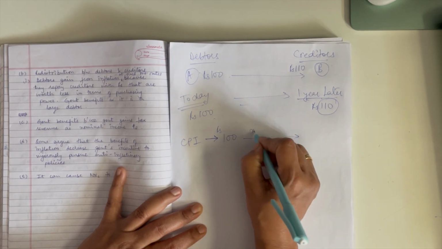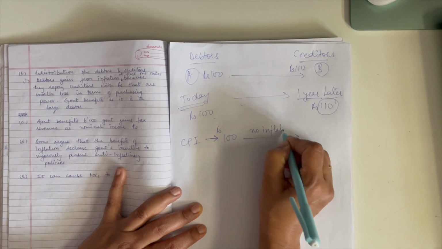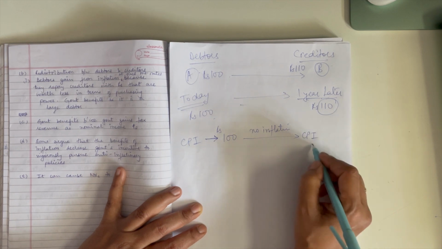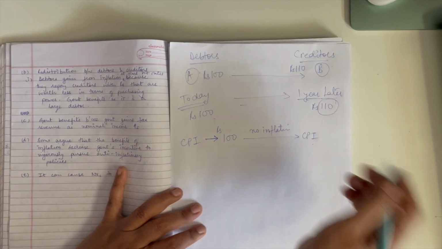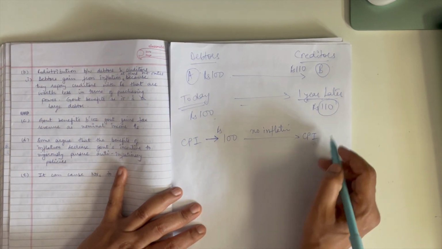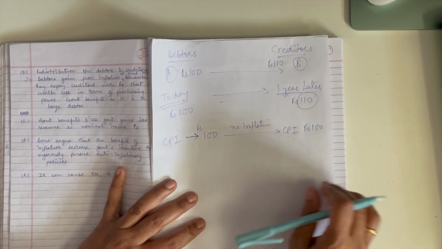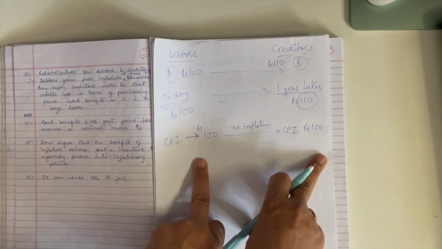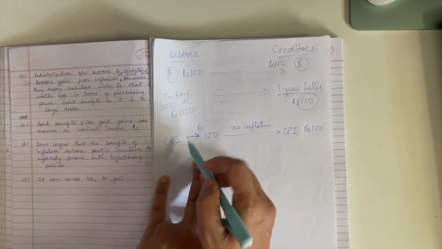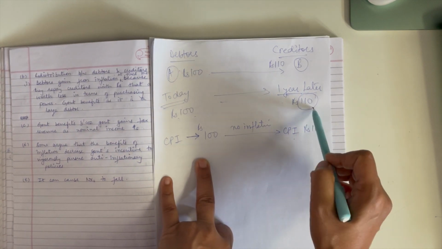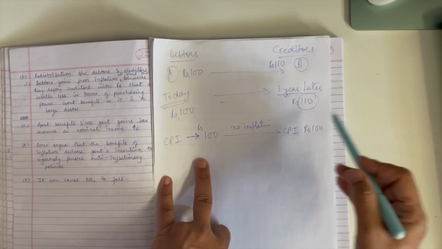When there is, let's say, no inflation, after a year I buy the same basket of goods and services, the same CPI, at rupees 100. So with no inflation, the price remains the same. Now, if my debtor A is paying after a year 110 to my creditor B, then what happens?